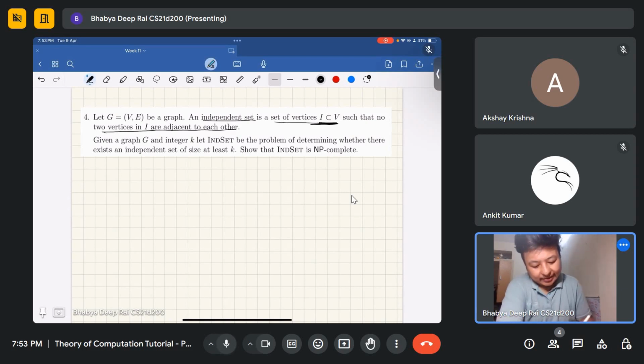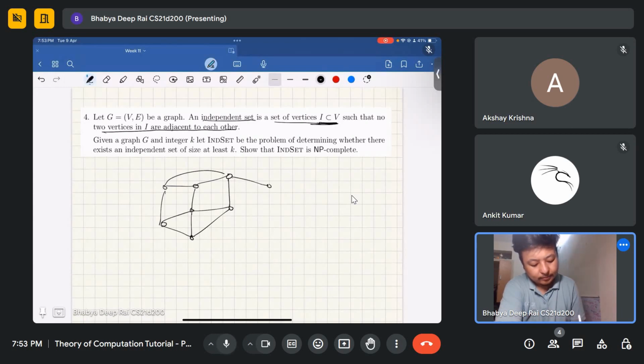Okay, so for example, here. What is an independent set here? This and this and this forms an independent set, right?